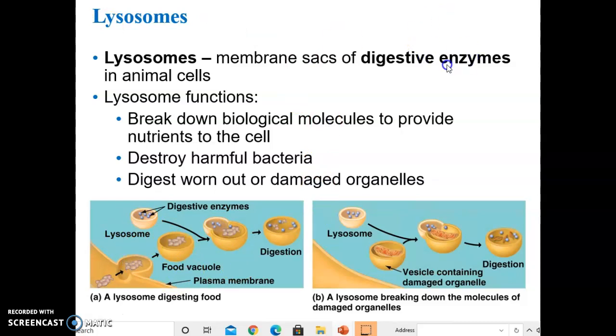Enzymes are proteins, and they do things like break down biological molecules to help provide nutrients within the cell, destroy things like bacteria, and can even identify old and worn out organelles and destroy them and recycle those building blocks for other things. So a lysosome in a way is part of the immune system within the cell, and kind of a cleanup crew within the cell as well.